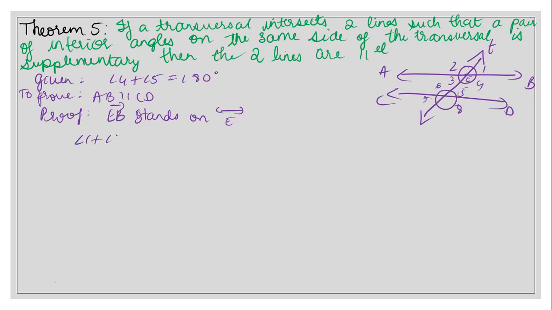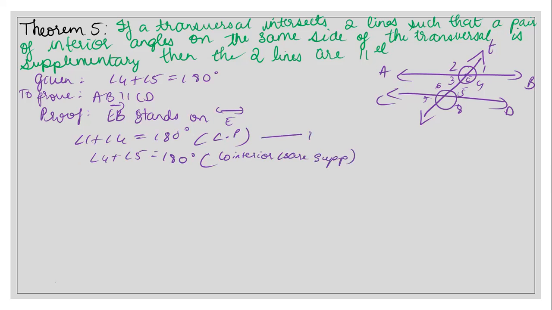Now we know that angle 1 plus angle 4 is equal to 180 degrees. How? Because it's a linear pair, correct? And we also know that angle 4 plus angle 5 is equal to 180 degrees because co-interior angles are supplementary, correct? Let's say this is equation 1 and this is equation 2.